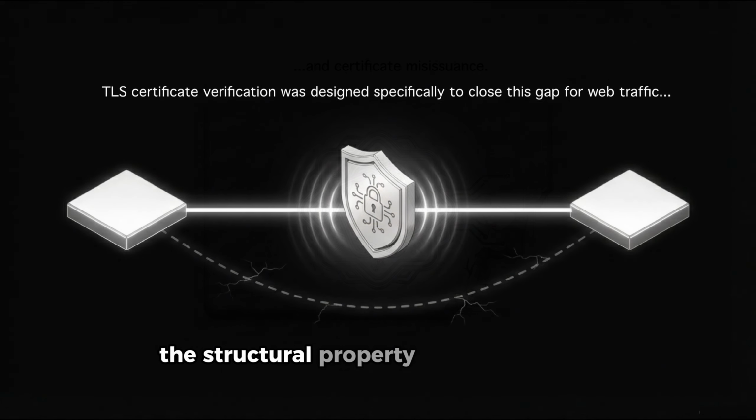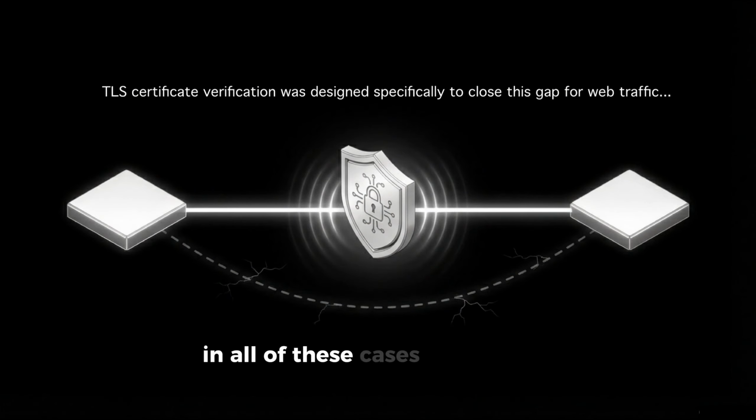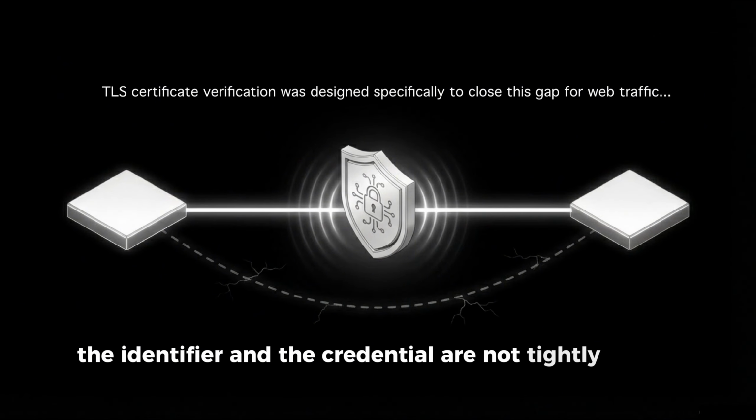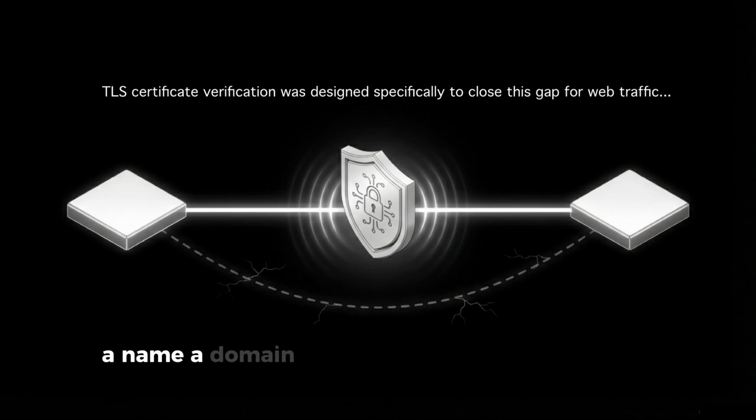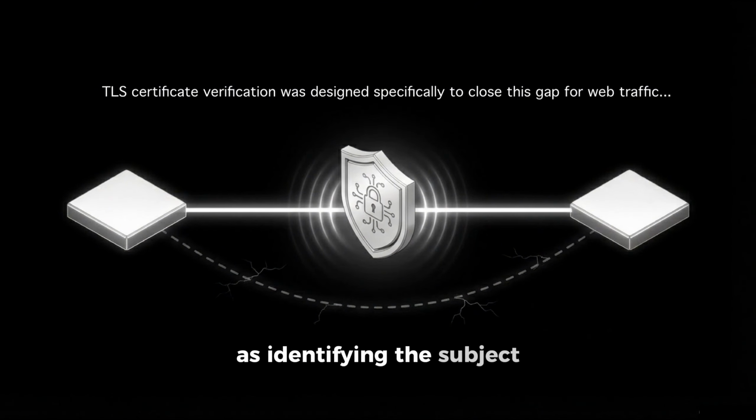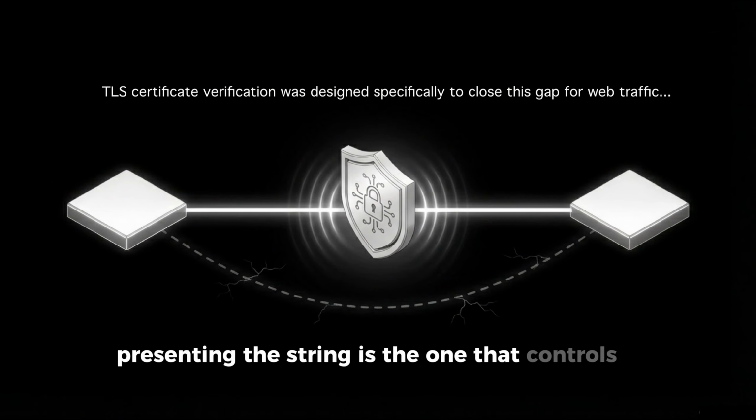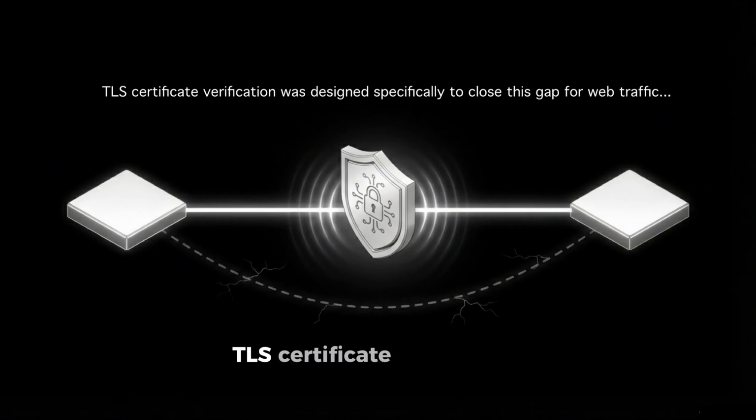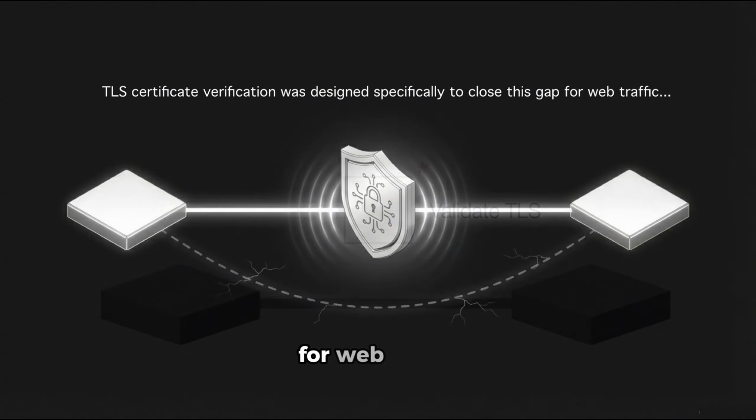The structural property being exploited in all of these cases is the same. The identifier and the credential are not tightly bound. A name, a domain, an email address is just a string. The system accepts the string as identifying the subject, without always verifying that the entity presenting the string is the one that controls it.